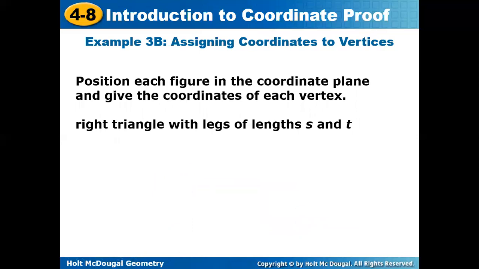Another one, a right triangle with legs of length S and T. So we put the right angle of the right triangle on the origin, which is 0 and 0.